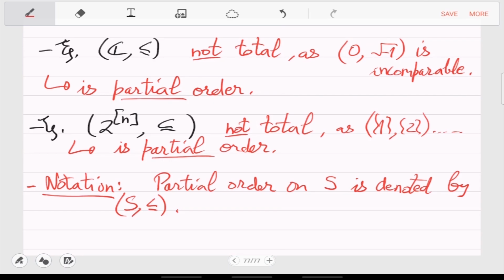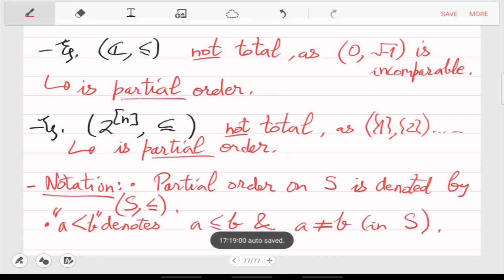And the other notation will be what is less than. How should you define less than when the relation is less than equal to? So A less than B should denote that A is less than equal to B and A is different from B in S.